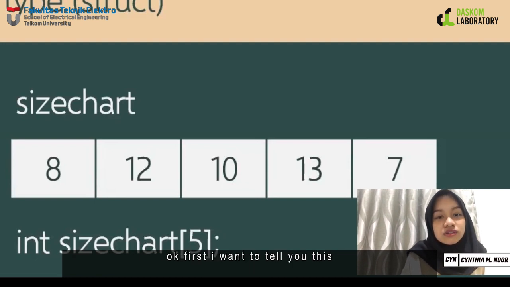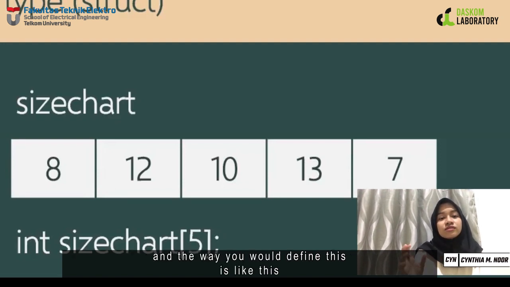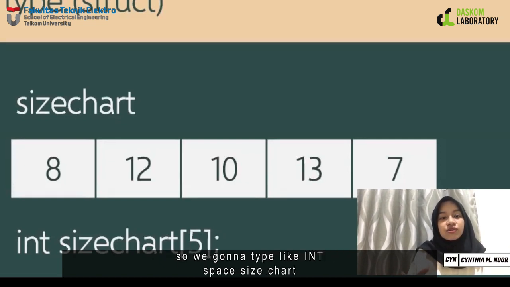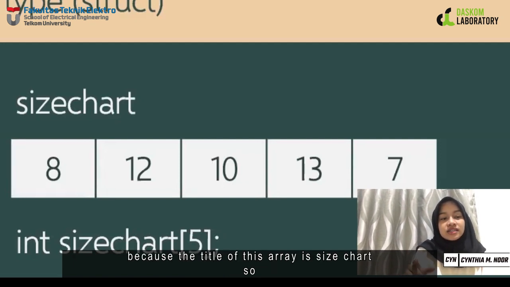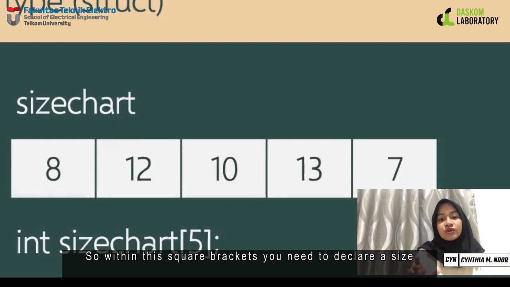Okay, first I want to tell you this. The size chart in this situation is an integer array, and the way you would define this is like this. Integer, because it's an integer array, right? So we're gonna type it like int space size chart, because the title of this array is size chart, so the variable name is size chart, and then you put the square brackets. Within these square brackets, you need to declare a size.